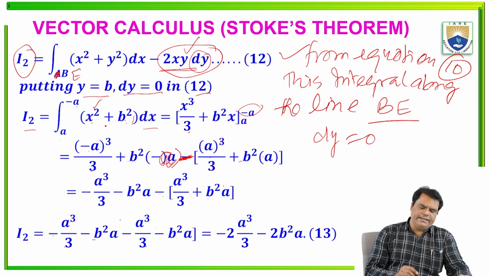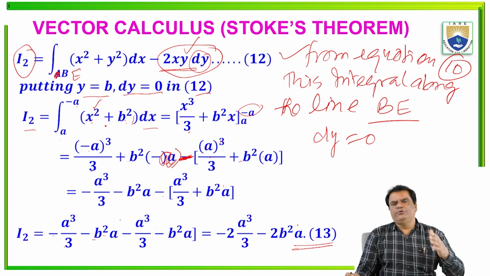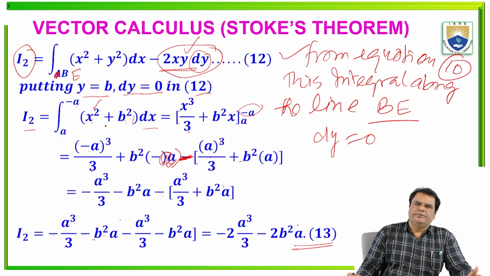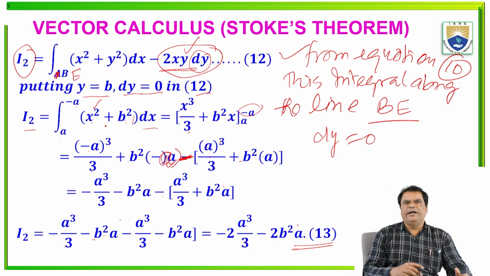Multiplying by the minus sign, we get minus 2a cube by 3 minus 2b square a. Adding gives this equation 13. This is I2 along the line B to E of the rectangle.